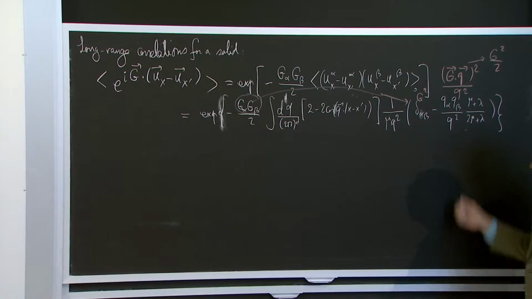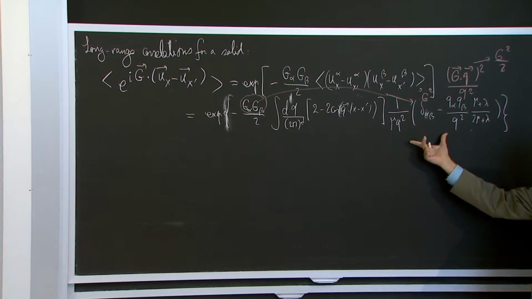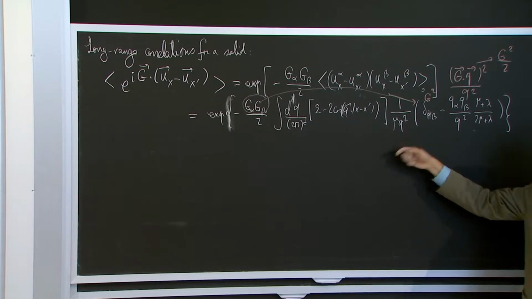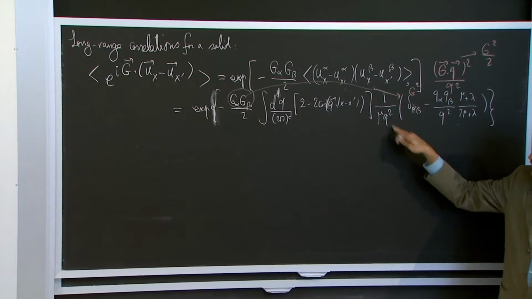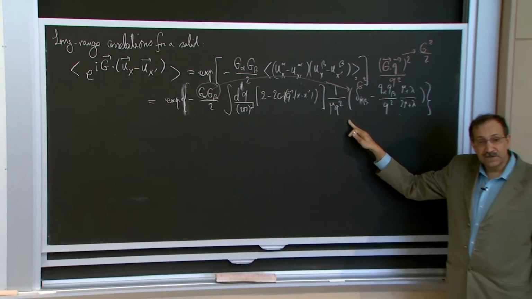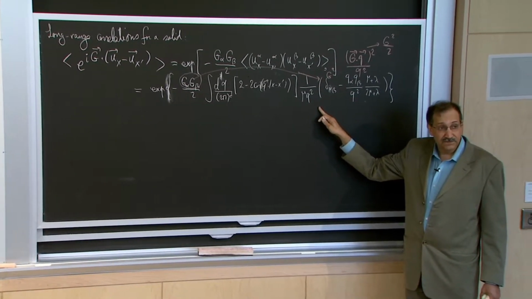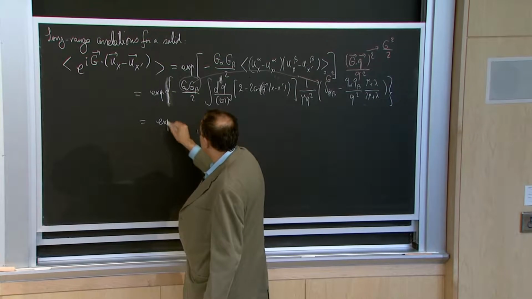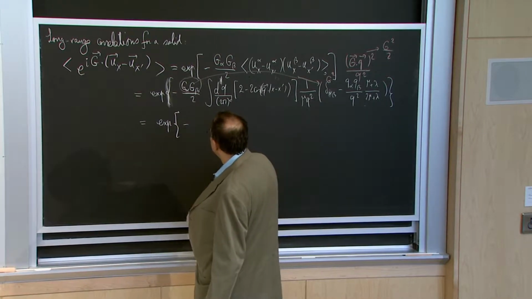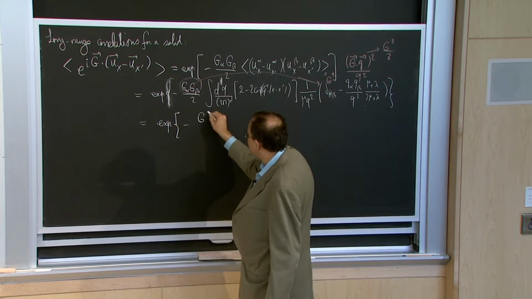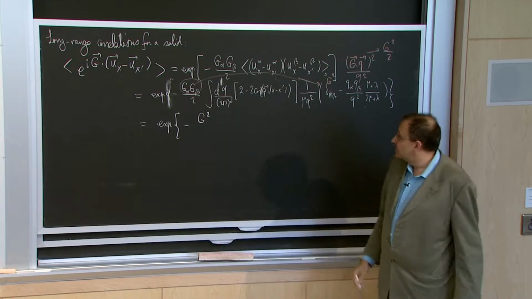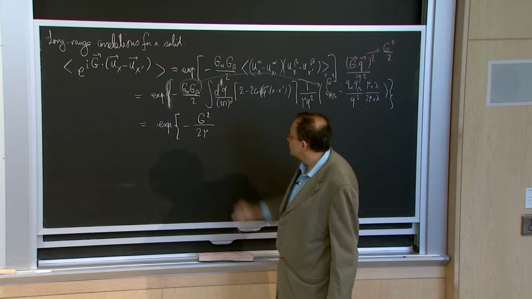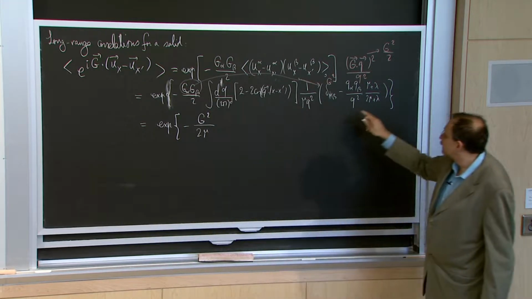Once you do that, you can see that this structure just gives you a constant. And what you will need to do is the usual Fourier transformation of 1 over q squared. So eventually you can see that the answer is going to be proportional to minus g squared. I will get a factor of 2 mu from here.